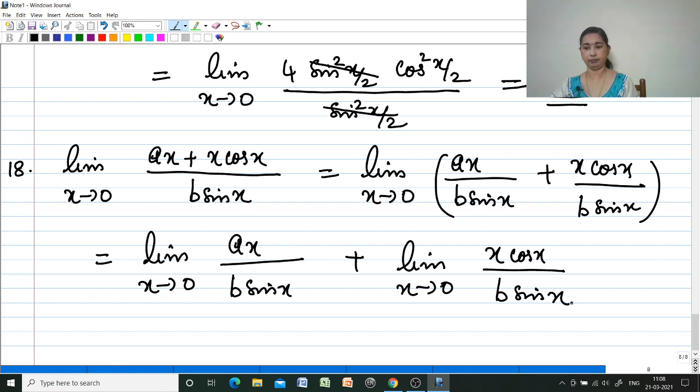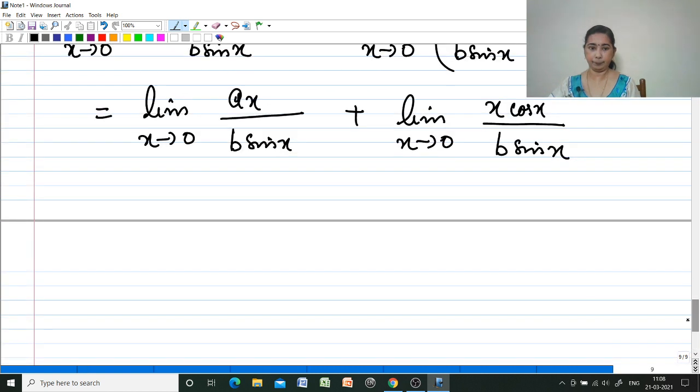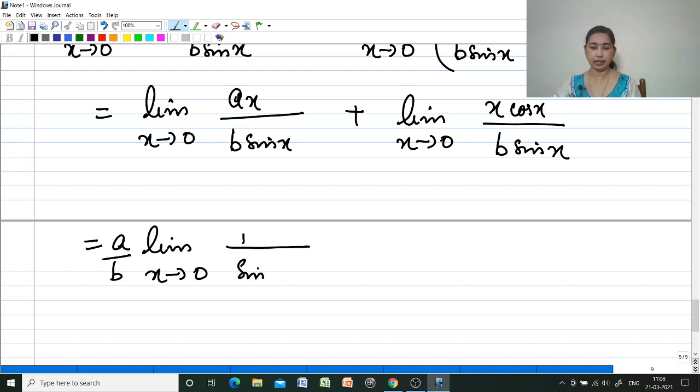Now that is equal to limit x tends to 0. Here we can see that a by b is a constant, that we can take out, remaining x by sin x, or it is 1 by sin x by x, because if you take the reciprocal, we can write the x in the numerator.